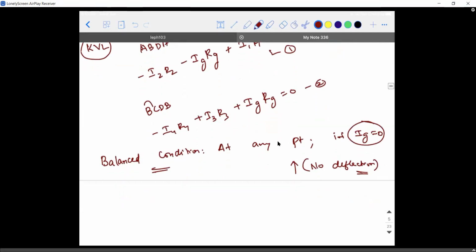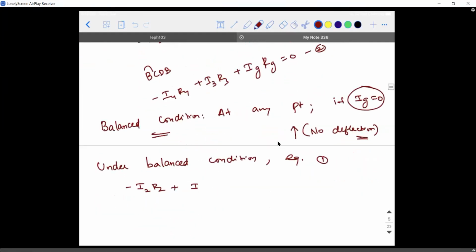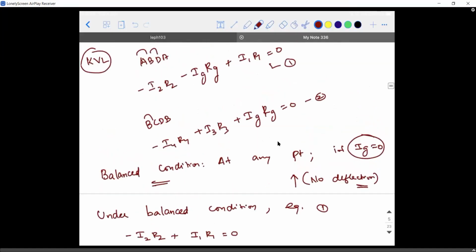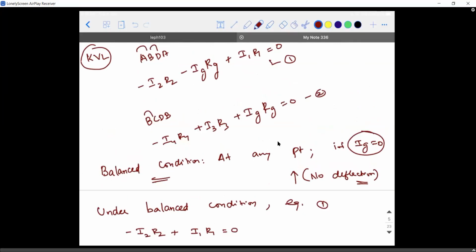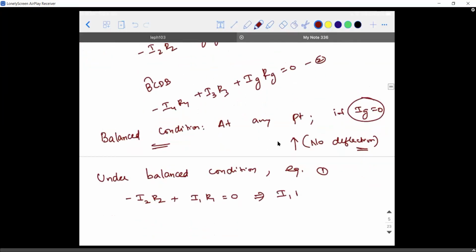So listen, under balanced condition, equation 1 turns out to be: minus I2 R2 plus I1 R1 is equal to 0, because Ig is going to be 0. If I substitute it there, the middle term is going to disappear. So the relation is I1 into R1 is equal to I2 into R2.